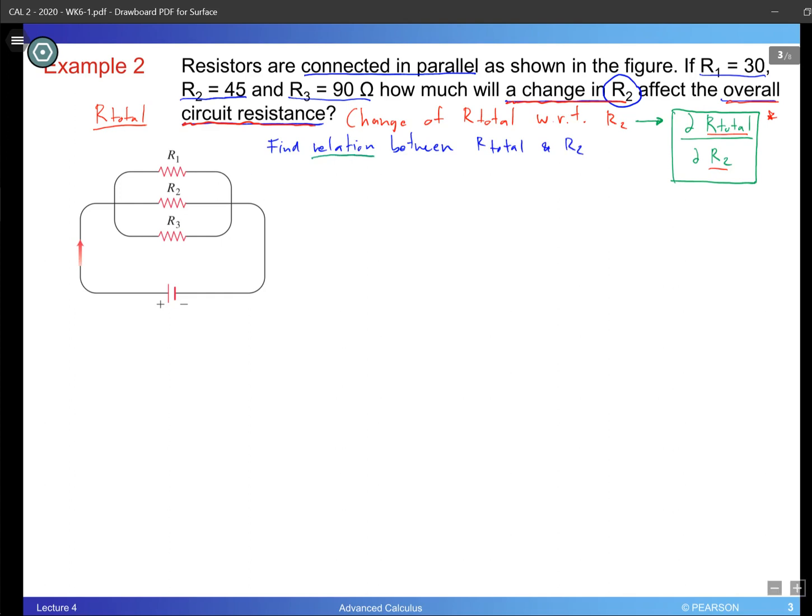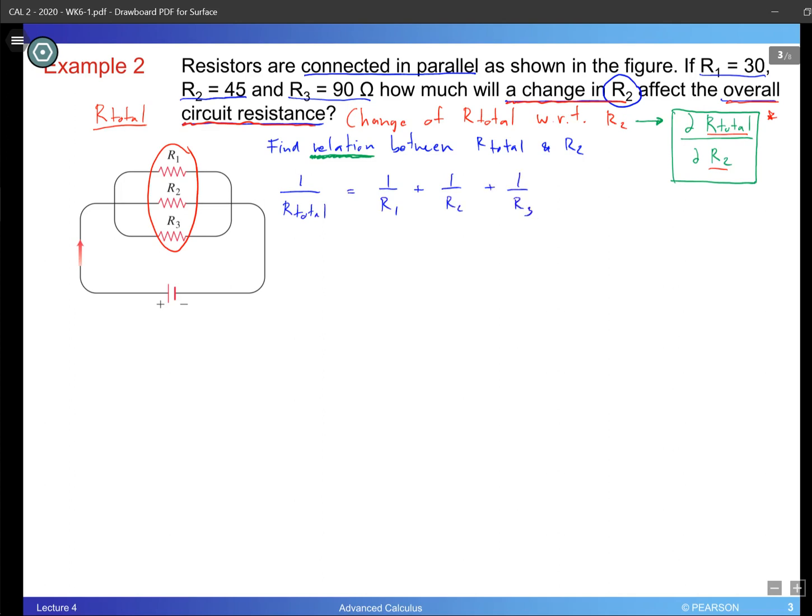And for this one right here, I am going to rely on the formula that we learned maybe a long time ago, maybe in high school. In high school, we learned that if we have a circuit with resistors connected in parallel like this, we can use this formula to find the total resistance. And this formula is this one, 1 over R total equal to 1 over R1 plus 1 over R2 plus 1 over R3.